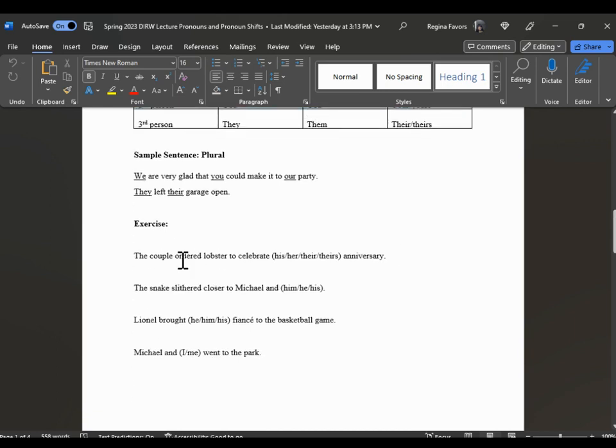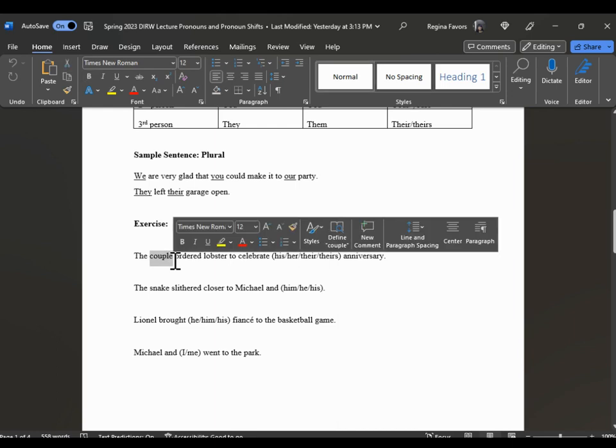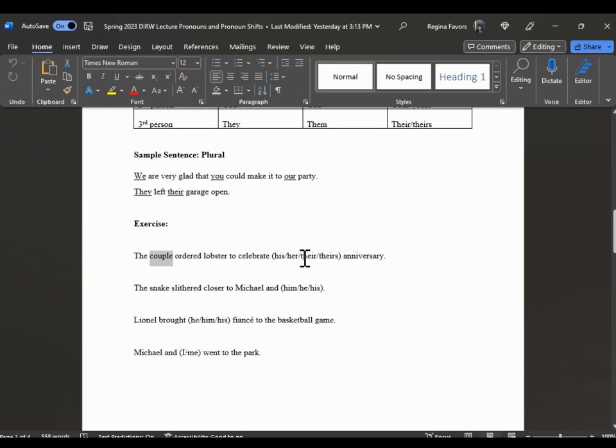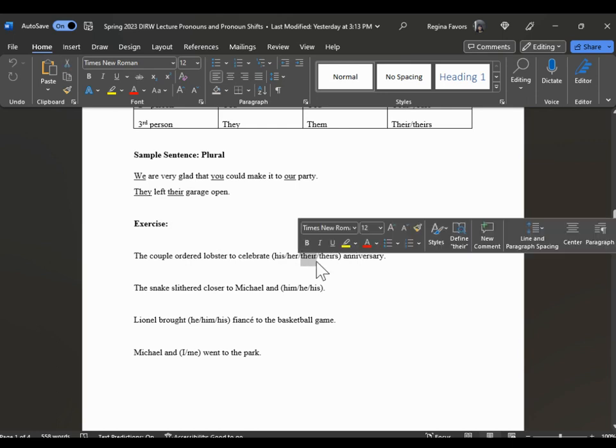So let's look at some sentence exercises. The couple ordered lobster to celebrate their anniversary. So couple is considered singular in this sentence, even if it is sort of like a plural subject. And so then the pronoun here would be the actual pronoun.